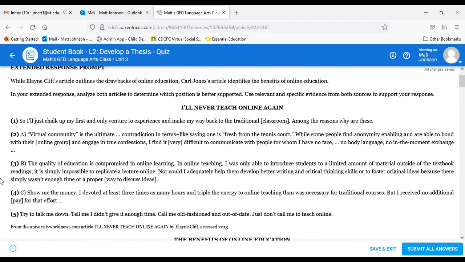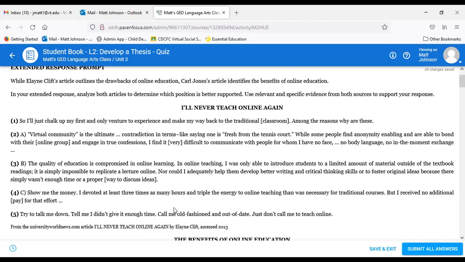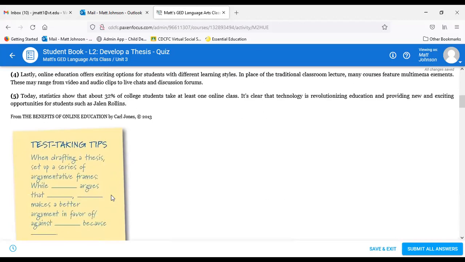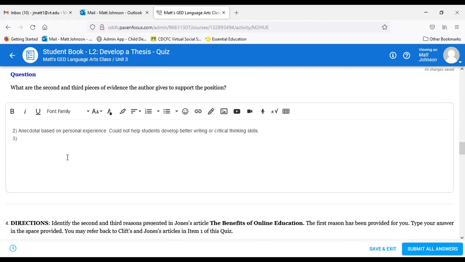This one's kind of rolled into the claim for the first question, right? So it's her claim about how much time she devoted. So we kind of included that. We got real specific, but that's also her third piece of evidence. It's kind of rolled into one there.